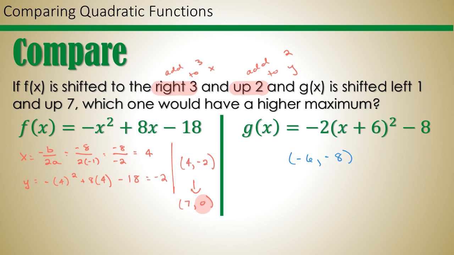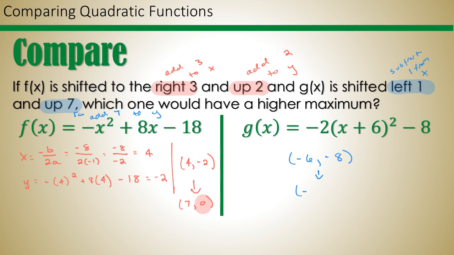So if we shift this to the left 1 and up 7, we want to subtract 1 from x, and for up 7, we're going to add 7 to y.